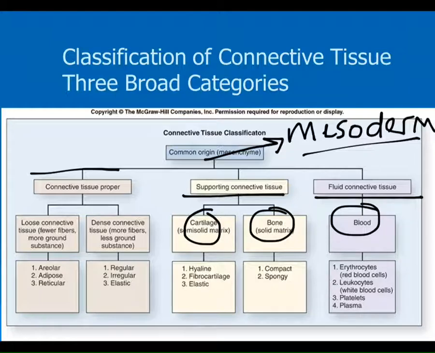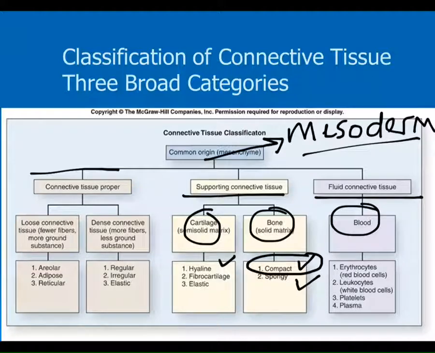Under bone, you guys will see next Monday in lab that there's compact bone and spongy bone. The only one we're looking at under the microscope is compact. So when I described to you osteons and canaliculi and the lamellae and all of those structures that we saw in bone, that was compact bone. Then under cartilage, there are three different kinds of cartilage. We only looked at hyaline, but there's also a fibrocartilage and an elastic cartilage that we'll deal with later in the course. But for now, just recognize hyaline cartilage.